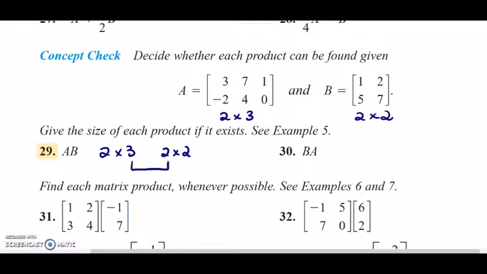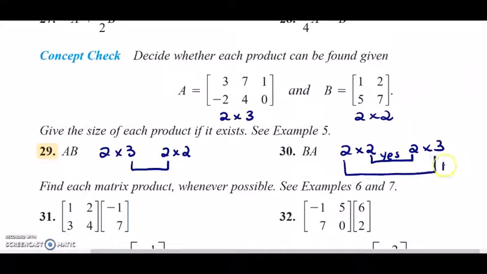The answer is no. Can we multiply a 2 by 2 with a 2 by 3? The answer is yes, and the product will be a 2 by 3.